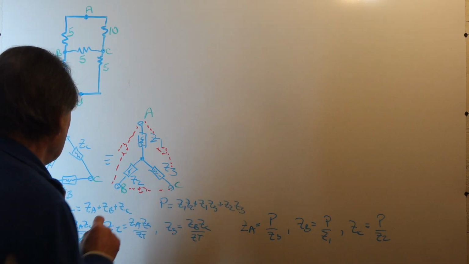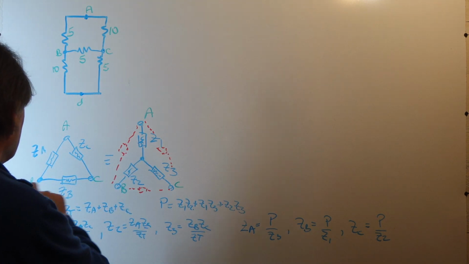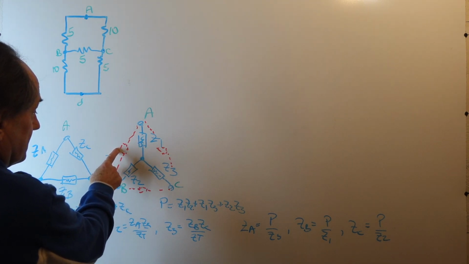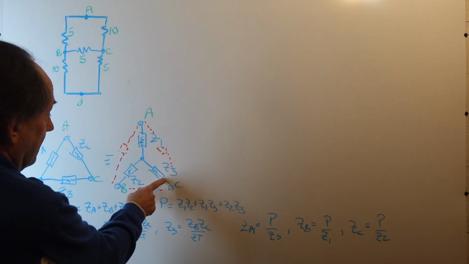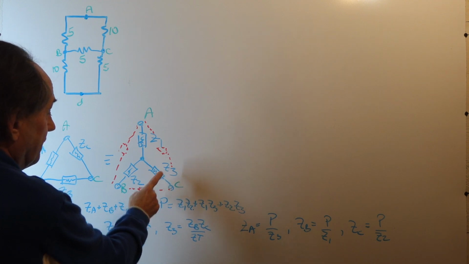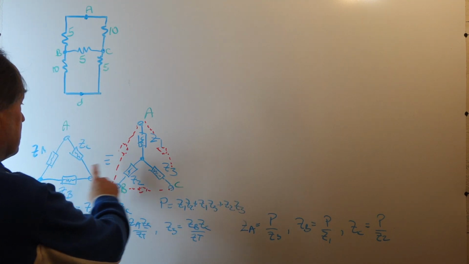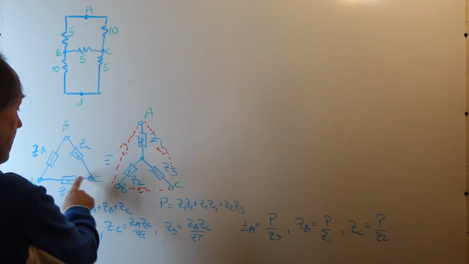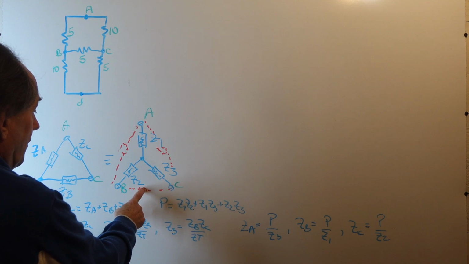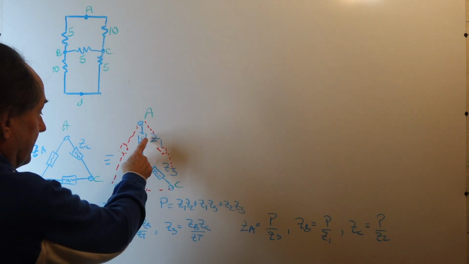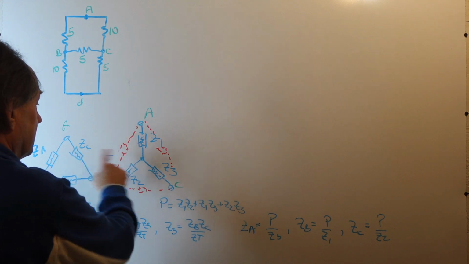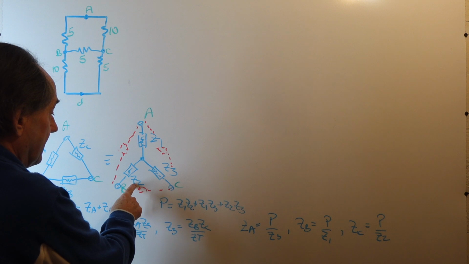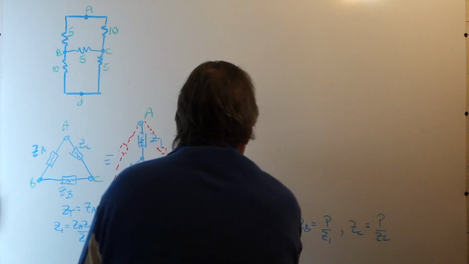That defines P. Then to get ZA, we take the element that's opposite on the Y, which is Z3, and we divide that into P. To get ZB, we take the element in the Y connection that's opposite, Z1, and divide that into P. And then to get ZC, we take the element opposite it in the Y and divide that into P. So these are the conversions.